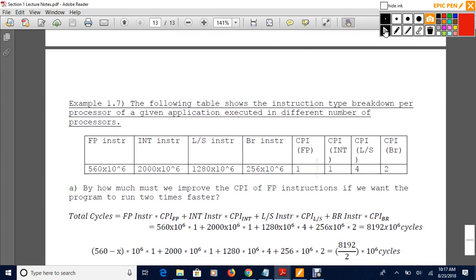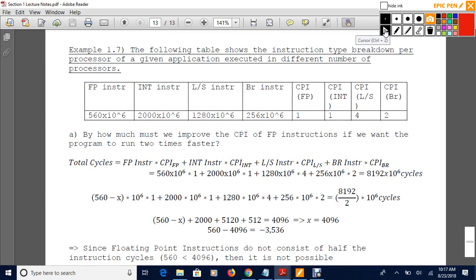All right, excellent. So 1.7. Here we're going to a specific question. Part A addresses a common conceptual error that I think will become very helpful. So for 1.7, the following table shows the instruction type breakdown per processor of a given application executed on different numbers of processors.